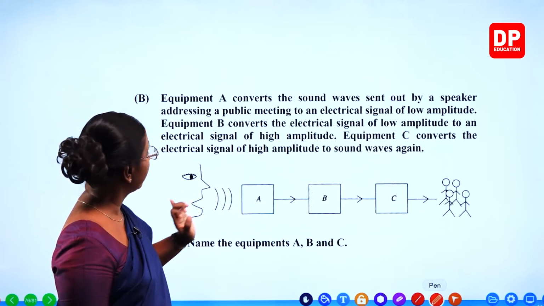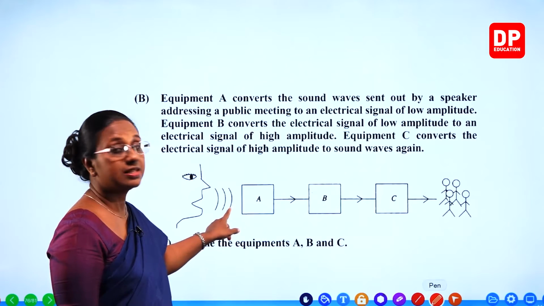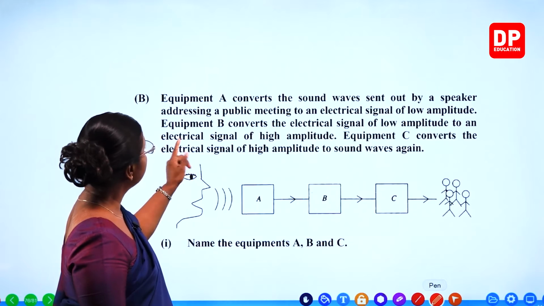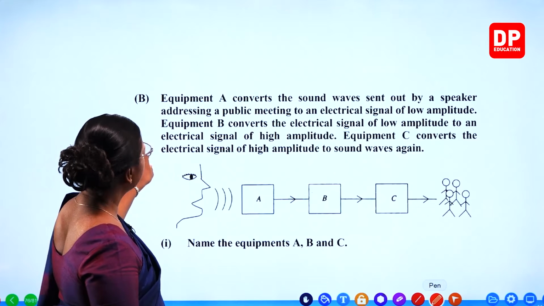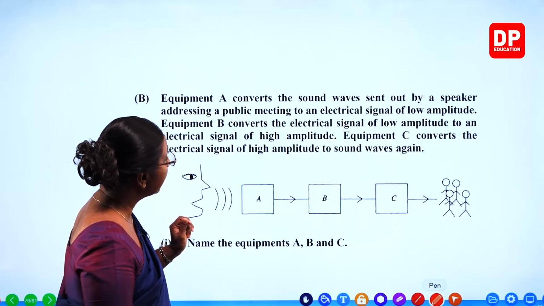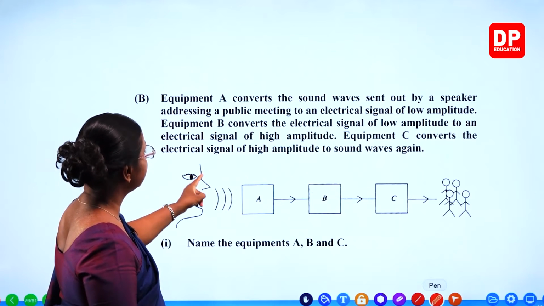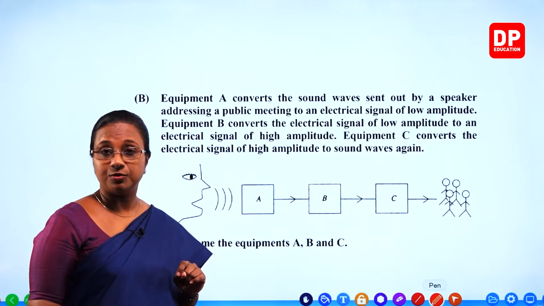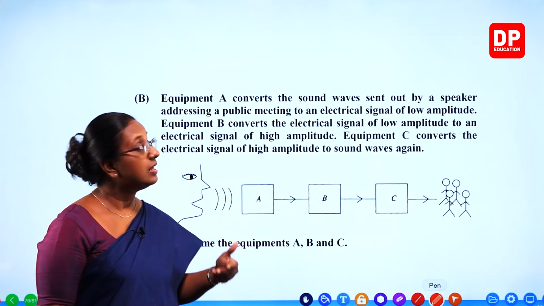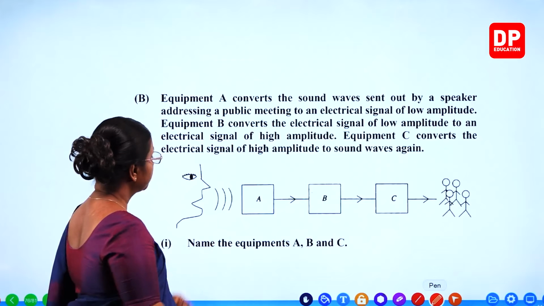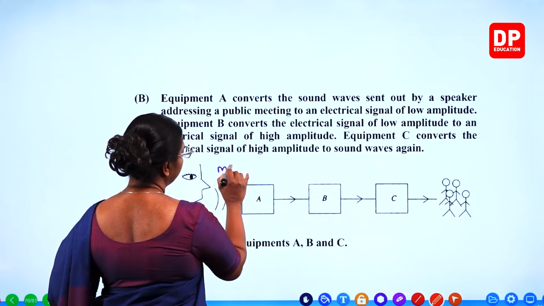The moving coil microphone converts the sound energy to electrical signal. Then equipment B converts the electrical signal of low amplitude to an electrical signal of high amplitude. So there is amplification of sound taking place. So A has to be a microphone.